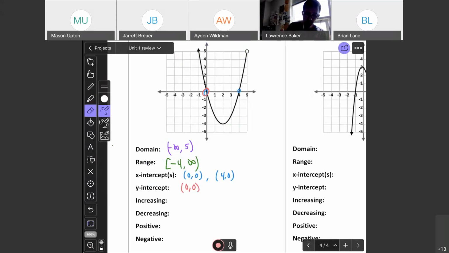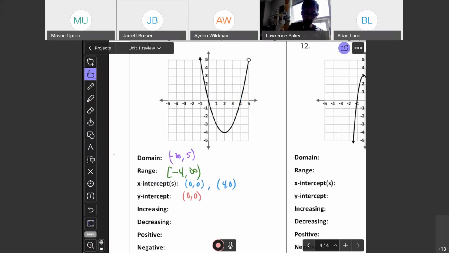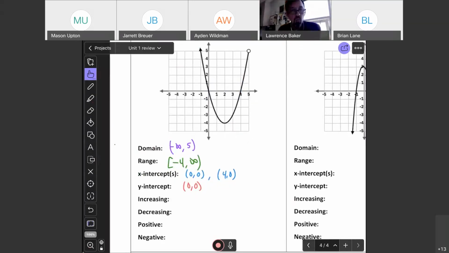And then the increasing, decreasing, positive, negative. It's real tricky because we're looking up and down, but we're talking left to right. This question is asking what x values make the y values increase? What x values make the y values decrease? Your answer has to be about x and its effect on y.